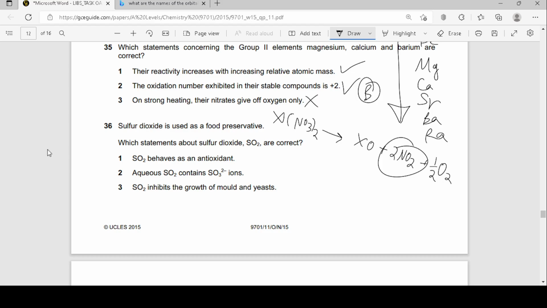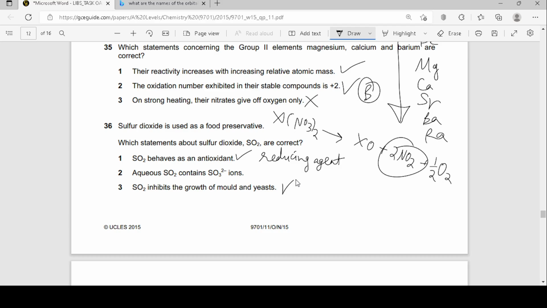Sulfur dioxide is used as a food preservative, and they've given the reason here: it behaves as an antioxidant. Which statements about sulfur dioxide are correct? It behaves as an antioxidant. That's right, because what does antioxidant mean? It means it behaves as a reducing agent, and that is why sulfur dioxide is used. It reduces the oxygen in the food, so the aerobic bacteria cannot respire in it, so it inhibits the growth of mold and yeast.